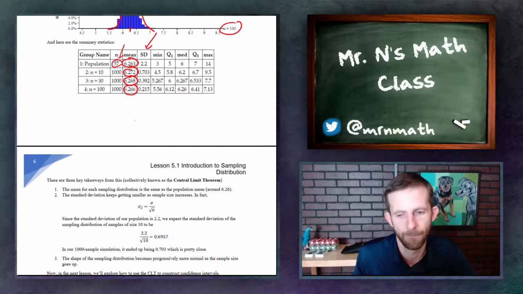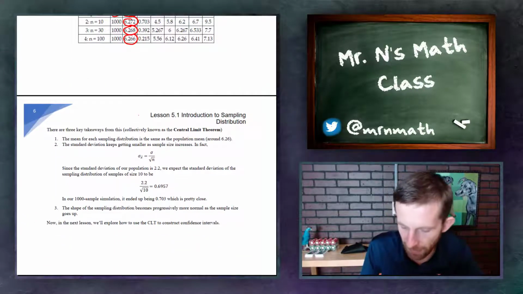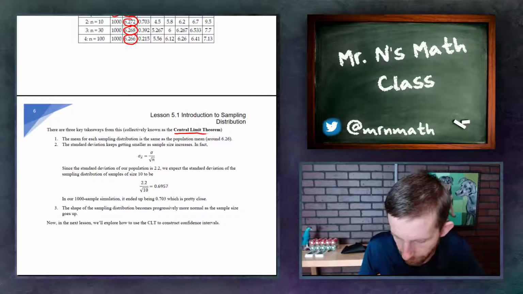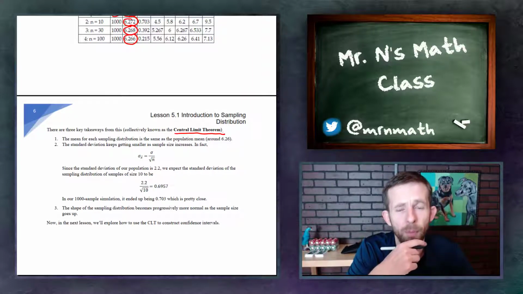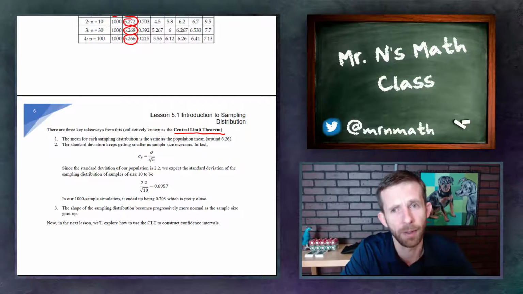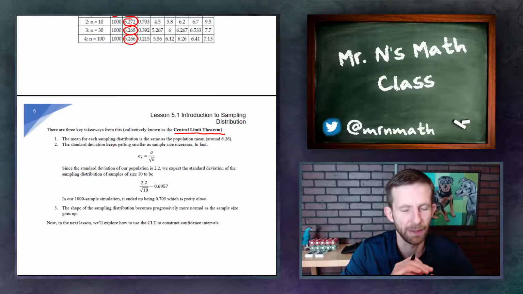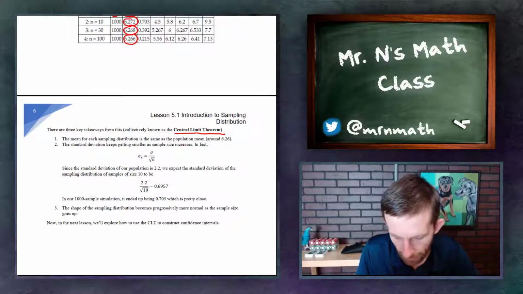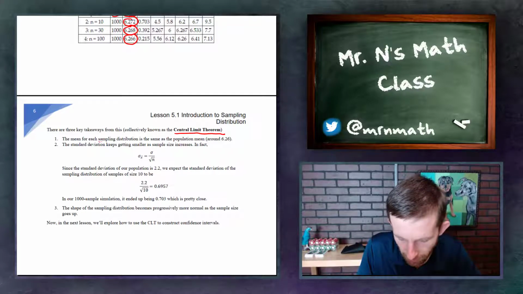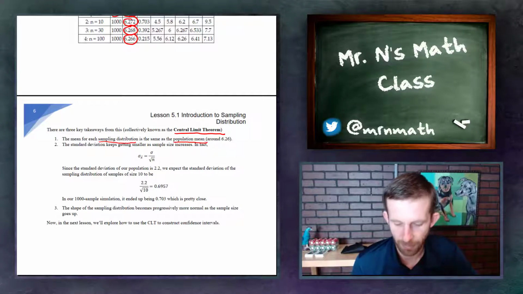So this brings us to the central limit theorem. This is one of the more important theorems that we're going to need to know as we go into this next part of AP Statistics. There are three key takeaways. The mean of each sampling distribution is the same as the population mean.